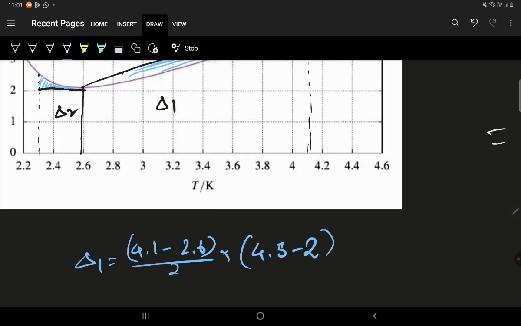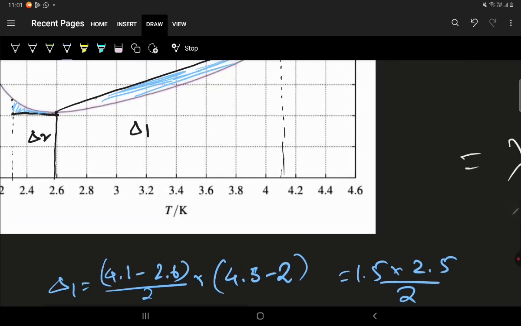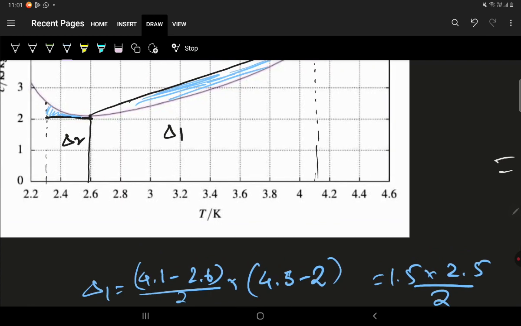If you evaluate it, it will come out to be 1.5 into 2.5 by 2, which is 1.875. First equation.